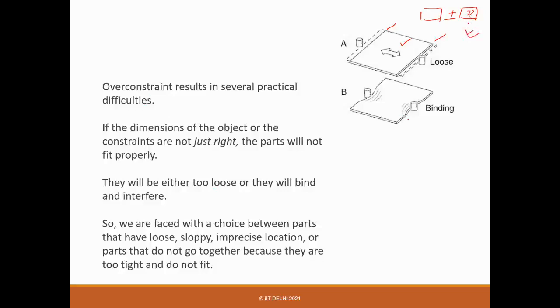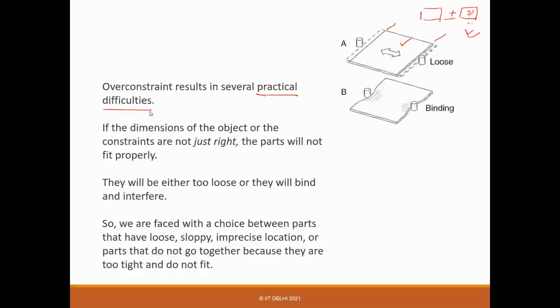So what it says is, over constraint results in several practical difficulties, and that's what we have to understand. When we do any design in CAD or on paper, 25 means 25, but when it comes to reality, when we start manufacturing or fabricating those components, we'll have issues.